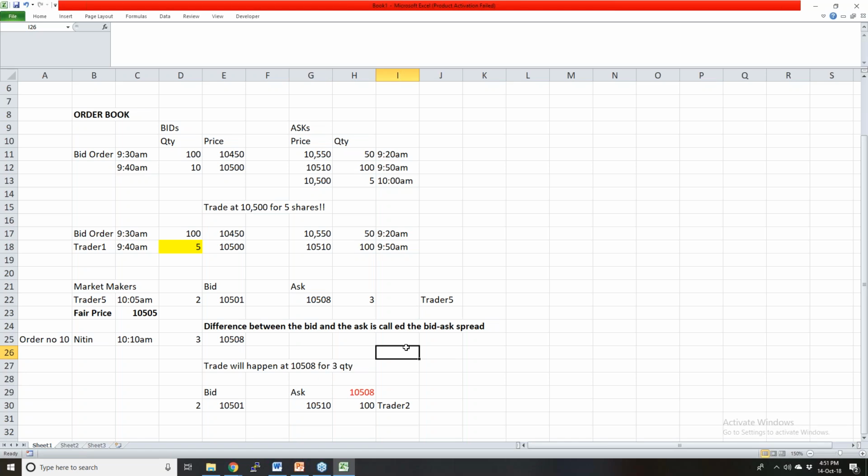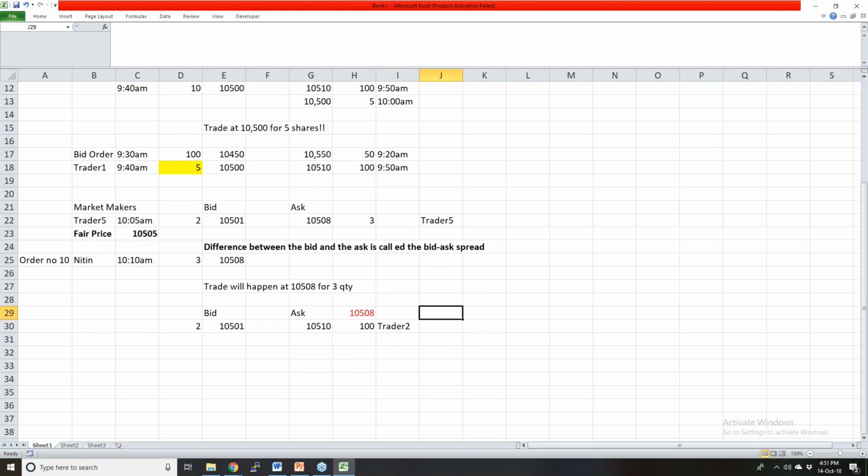It's not that there's a special instruction given to market makers or a special title for market makers. I can do it, you can do it. If you know the fair price, you can do it easily, so it's not a big deal. They just want to earn the bid or ask spread.